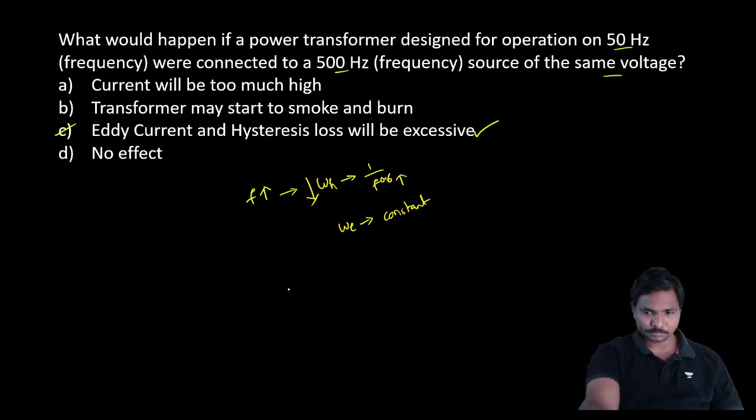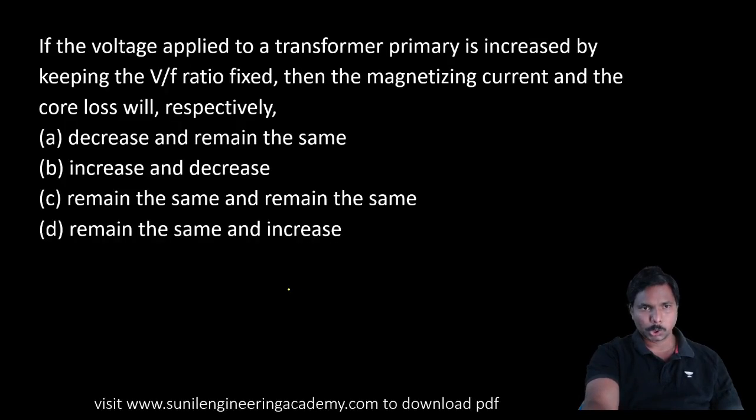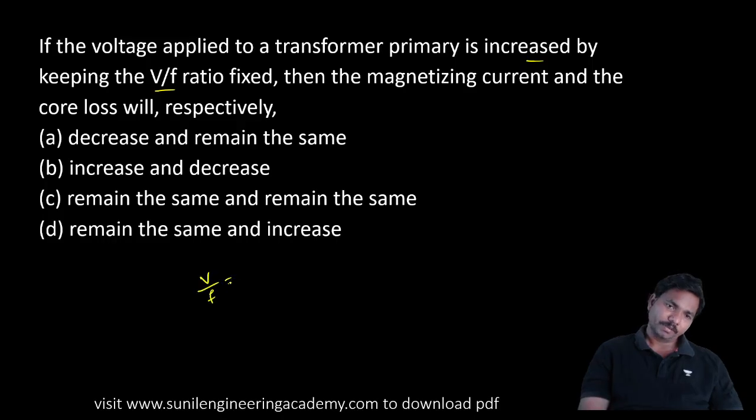Coming to the next one. The voltage applied to the transformer primary is increased by keeping the V by F ratio fixed. Here they have given the V by F ratio fixed, I mean constant. If you want to keep V by F fixed and you increase the voltage, then automatically frequency also increases.